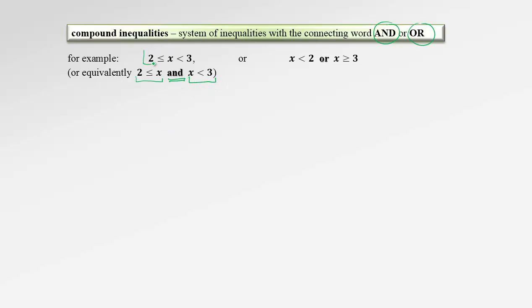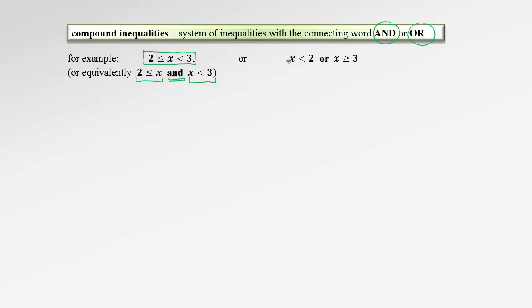So writing in one stream like this is just a more compact way of representing our two inequalities. And if it's written in one stream of signs, the two inequalities are connected by the word and. However, we may have another case.